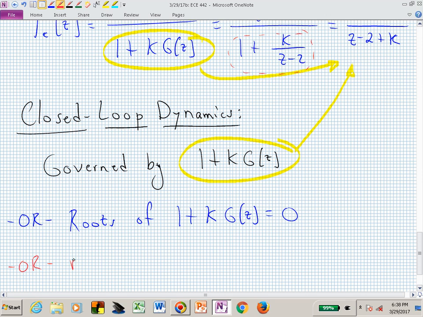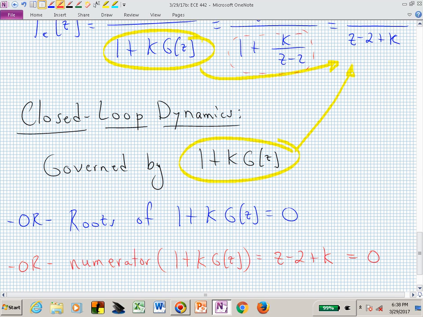Or the numerator equal to 0, and let me just go ahead and say, the numerator of that was z minus 2 plus k, and we're interested when that's 0.